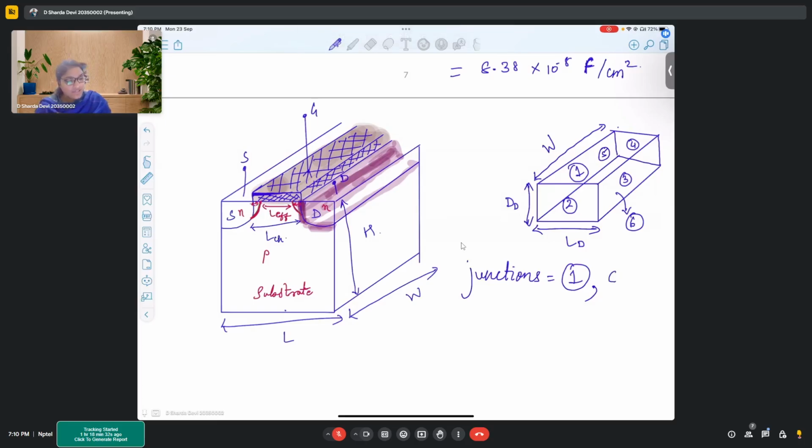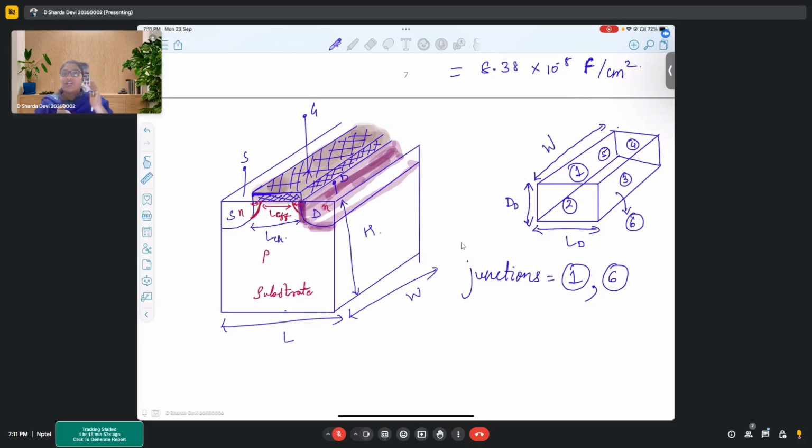It will also have a junction, right? Because it is in contact with our body, correct? With the substrate. Similarly, the face opposite to face 1, that is face 3, will also have a junction.